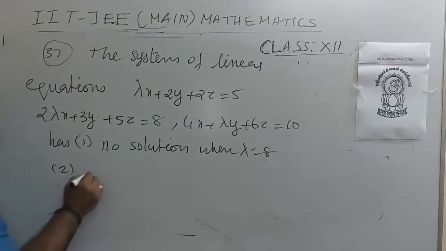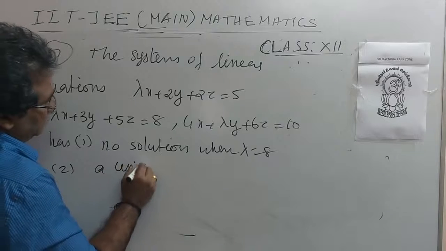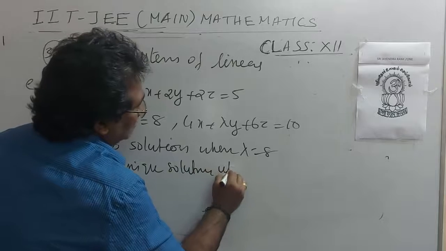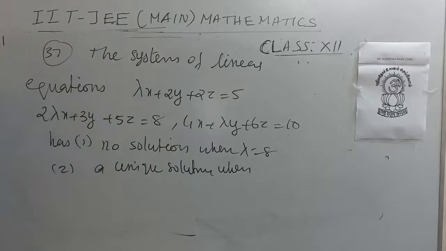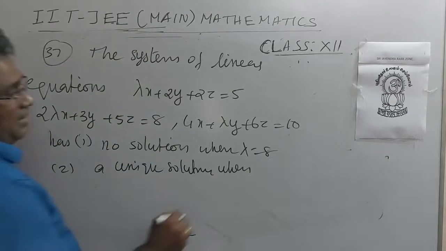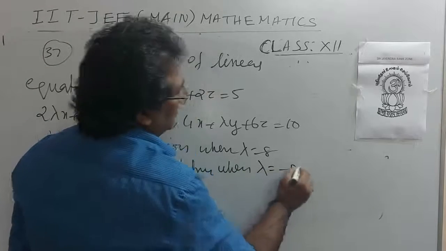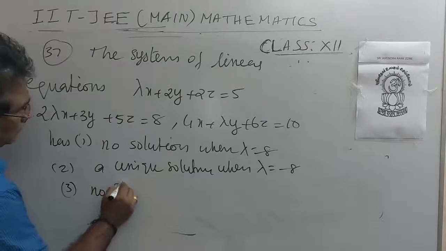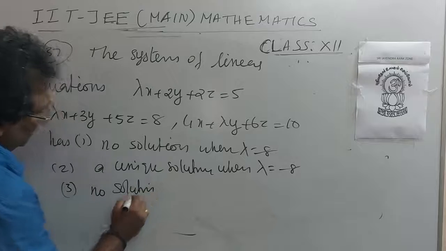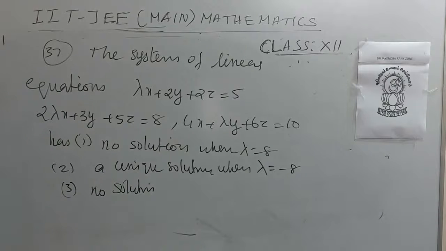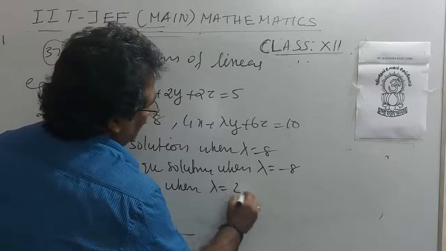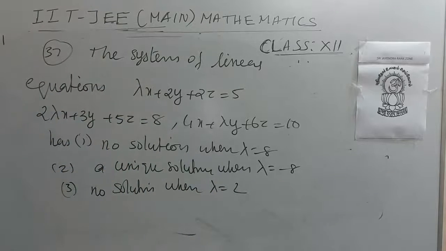Second option: unique solution when lambda equal to minus 8. Third option: no solution when lambda equal to 2.